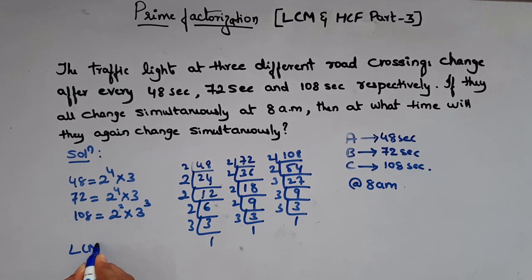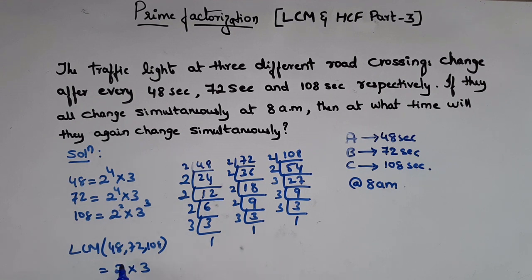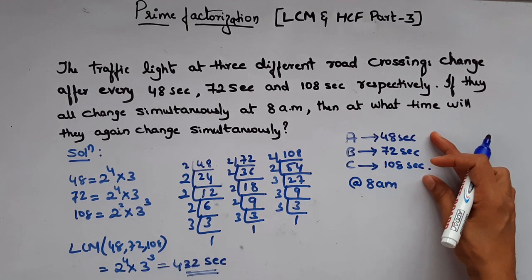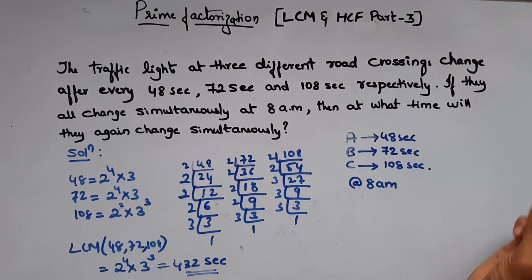So LCM of all three numbers, that is 48, 72 and 108, is equal to writing all the common factors, that is 2 and 3 in this case. The highest power of 2 is 4 and the highest power of 3 is 3. This will give the value 432, which is nothing but the seconds, right? This means all the three lights will change simultaneously every 432 seconds.